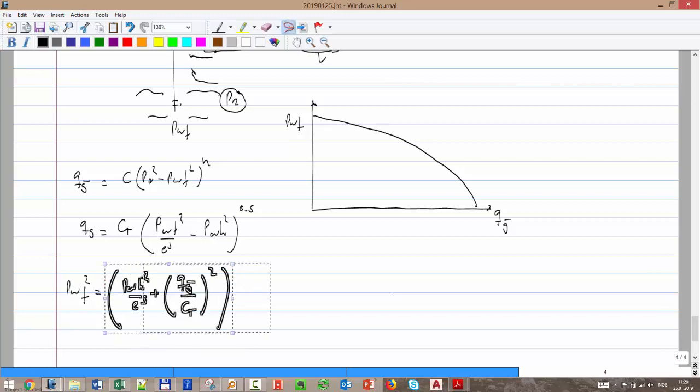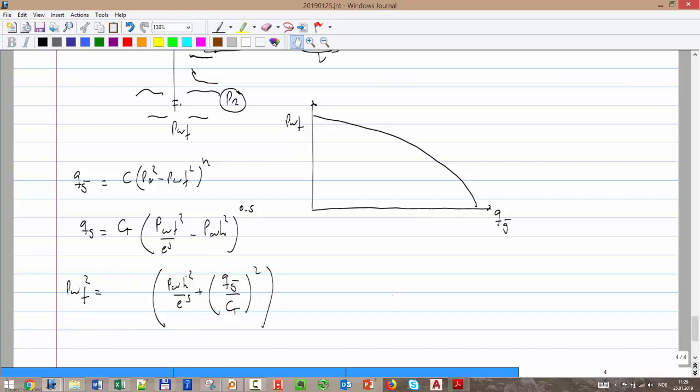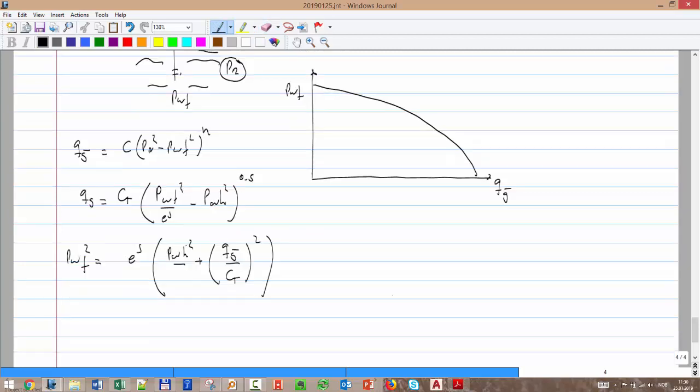My intention is to get rid of this PWF and just have PWH in that equation: one equation that just has rate and PWH. So I have to clear PWF from here. PWH, this shouldn't go here. And then I substitute here.